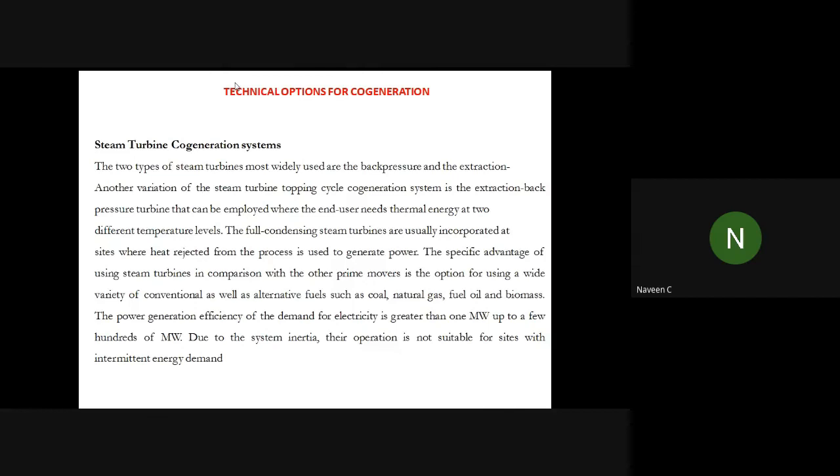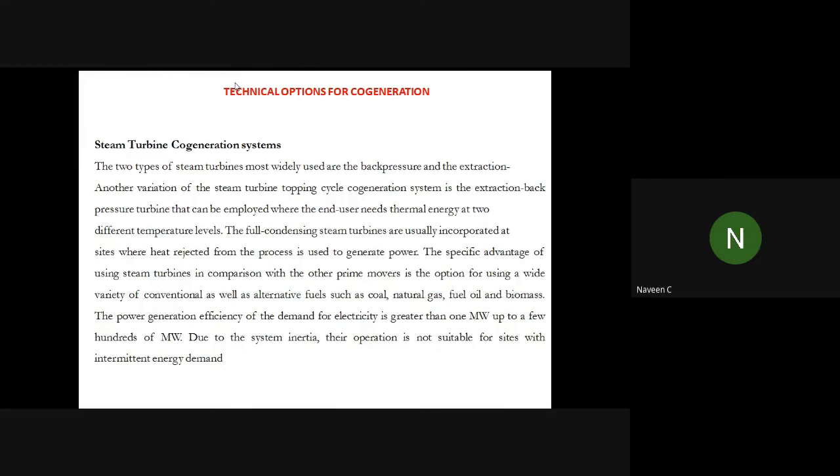So there are different configurations also. You can select the configuration based on your requirements. You can see the steam turbine cogeneration system. As I said, back pressure and extraction are the two types of steam turbine we generally use for the cogeneration process. Another variation in the steam turbine under the topping cycle is the extraction back pressure turbine, which can be employed wherever there is a need of thermal energy at two different levels.